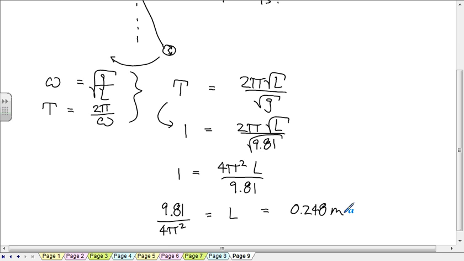Any other questions about this? Okay. So the next thing we're going to talk about is waves. That's all we're going to do in harmonic motion.